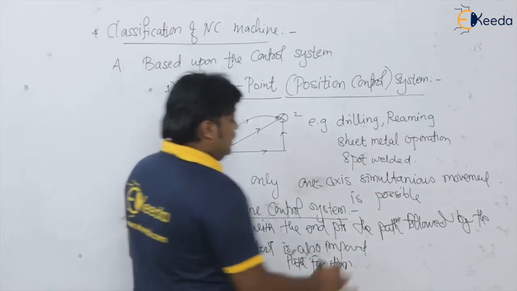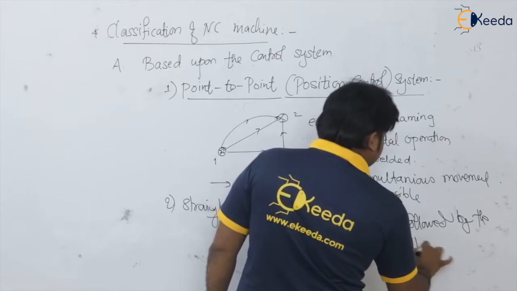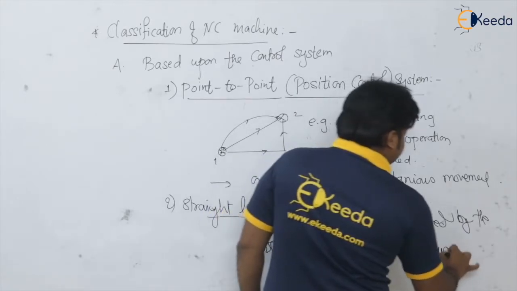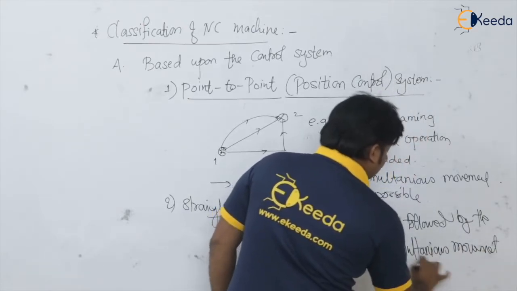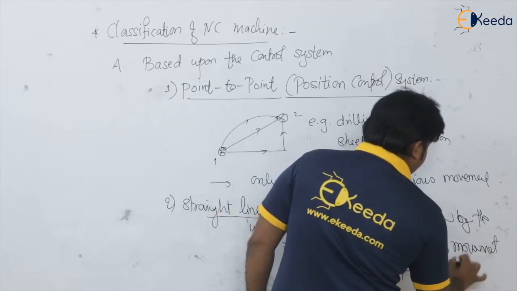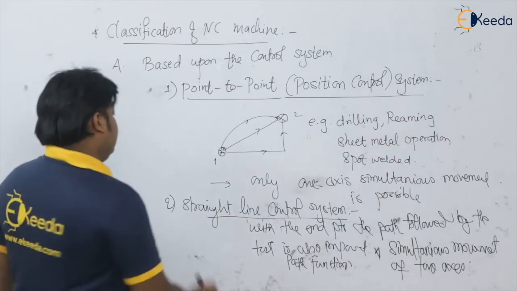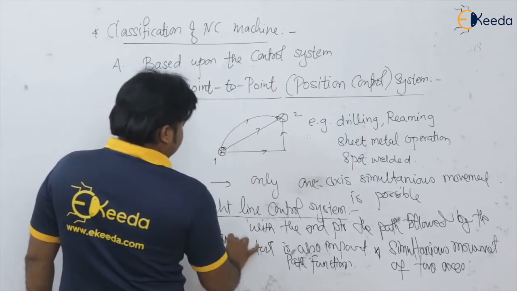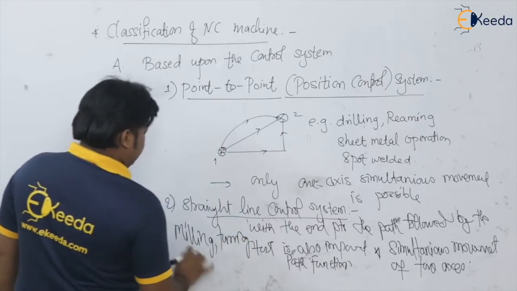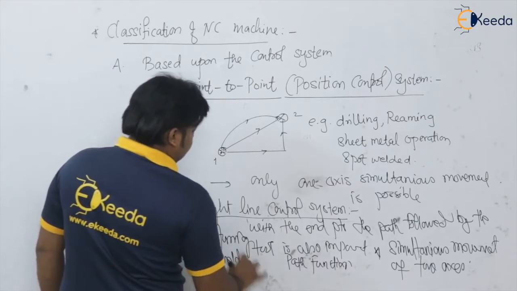And of course, here the simultaneous movement of two axes is required. What examples can be there in this? Simple milling, turning, and then seam welding, isn't it?